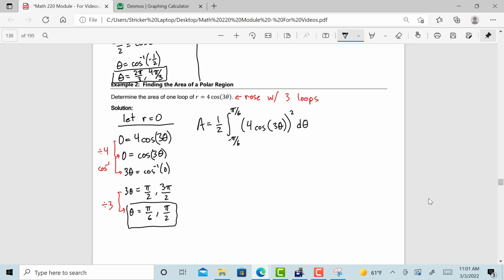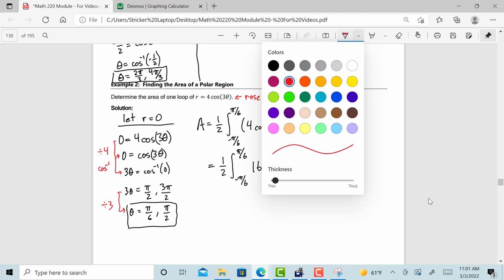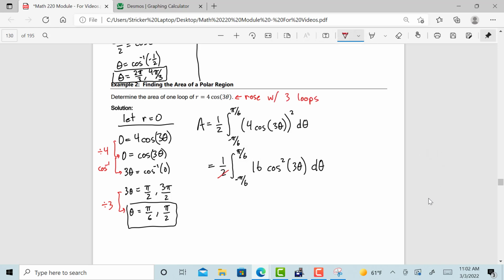And of course, when we square it, we have to square the 4 and the cosine, so that's going to be 16. So we have the integral of 16 times cosine squared 3 theta. And we can simplify the 1/2 into the 16, which makes this an 8.